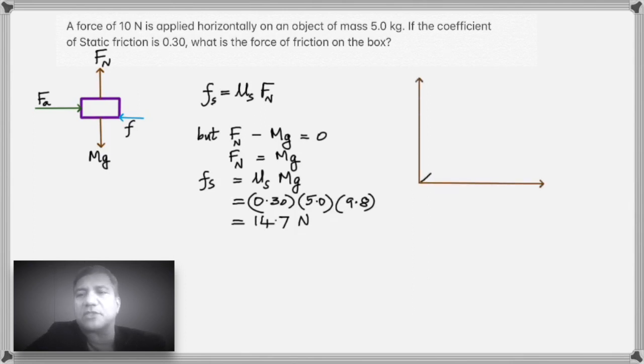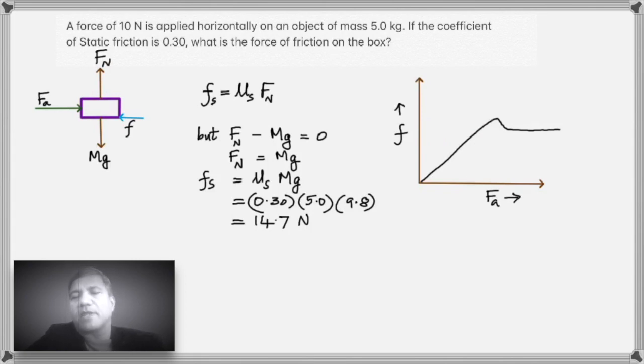And the reason is, you remember the graph drawn between applied force and static friction? On the x-axis we have applied force, and on the y we have friction. And we see that as the applied force increases, static friction also increases. But static friction can only be equal to the applied force.